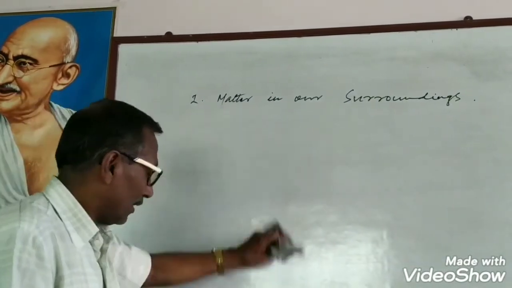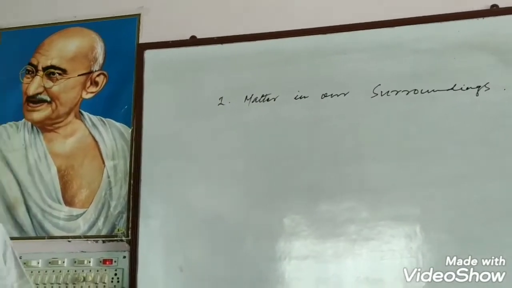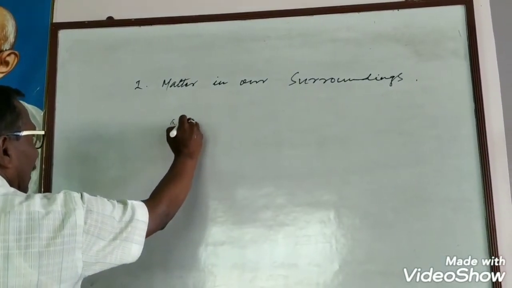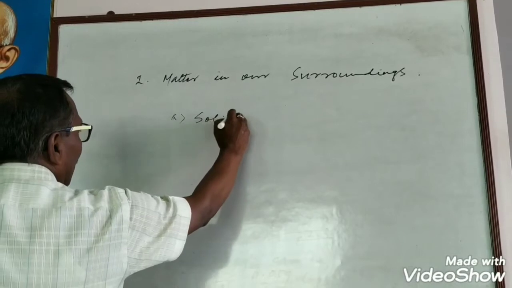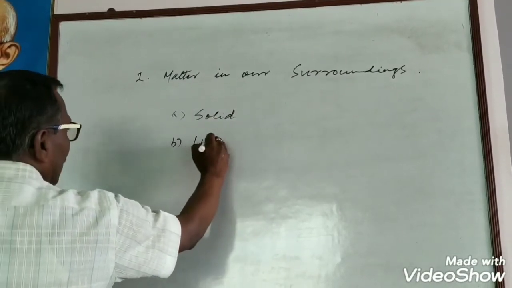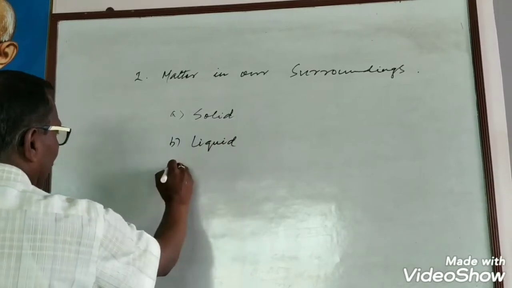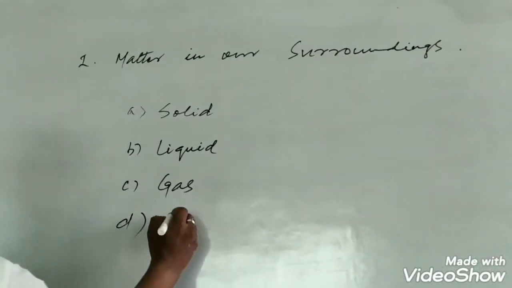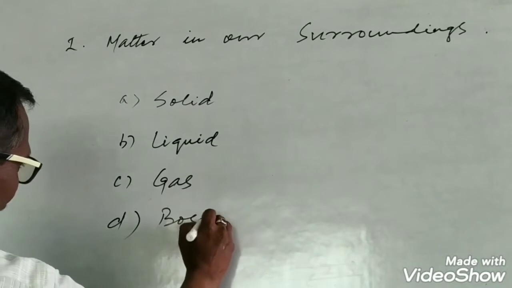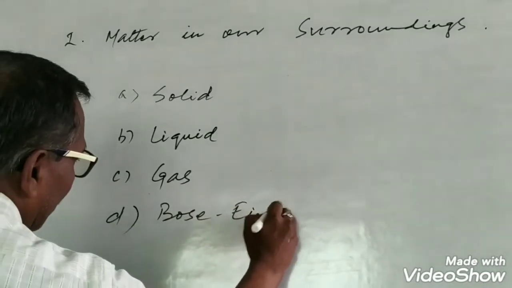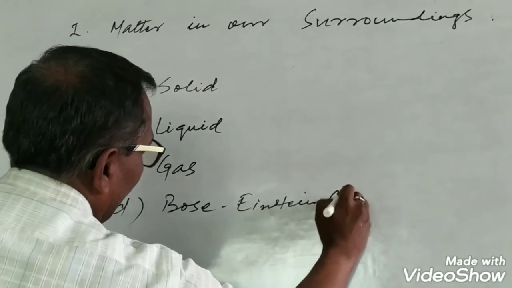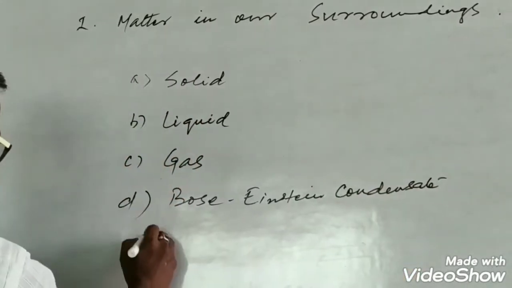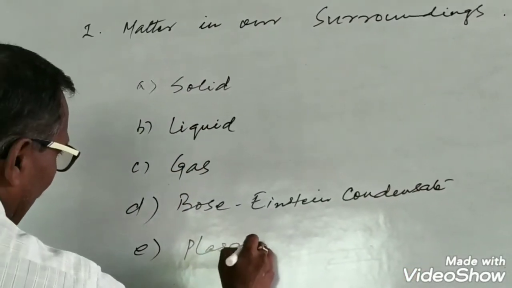Now, this matter is of different forms. The various forms of matter are solid, liquid, gas, Bose-Einstein condensate, and plasma state.